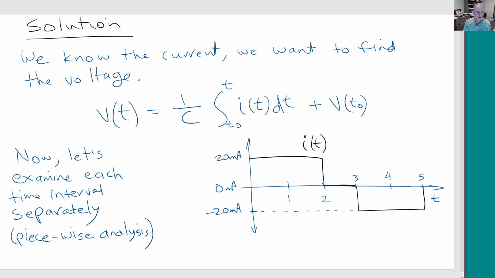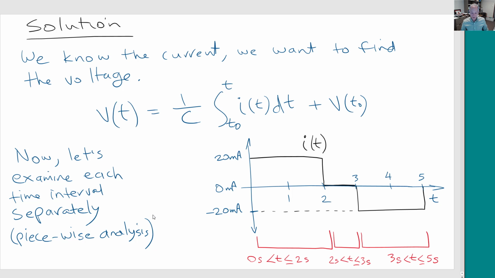Now, how are we going to go about it? We're going to examine each time interval separately. We're going to do what's called a piecewise analysis. So we're going to look at the time interval 0 to 2 seconds, and the current waveform there is 20 milliamps.